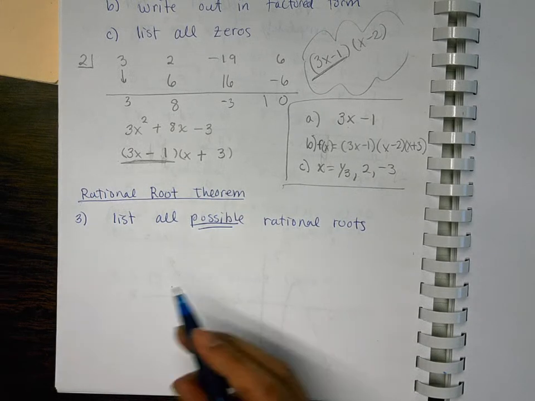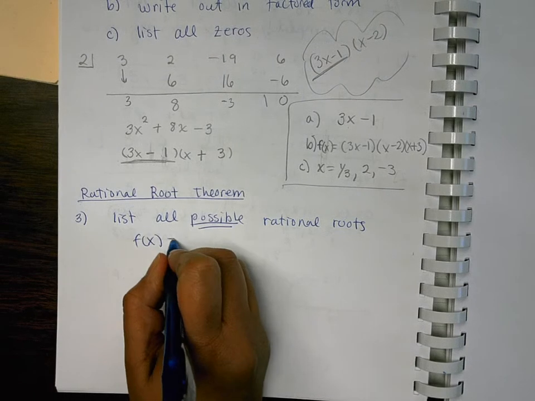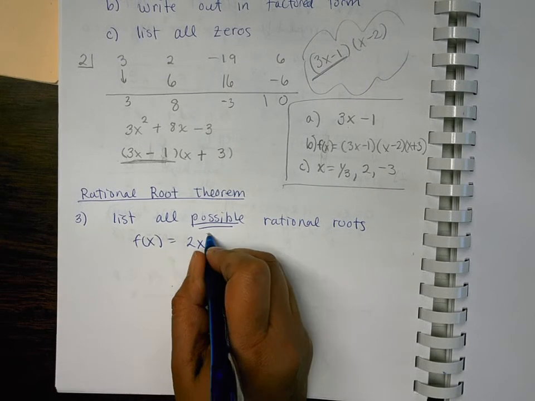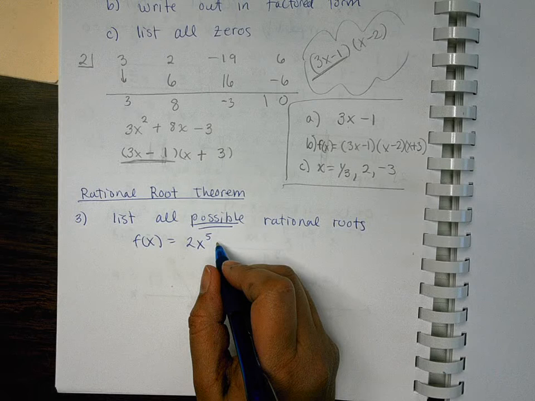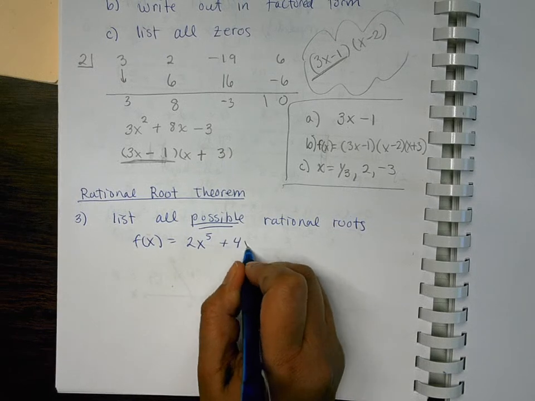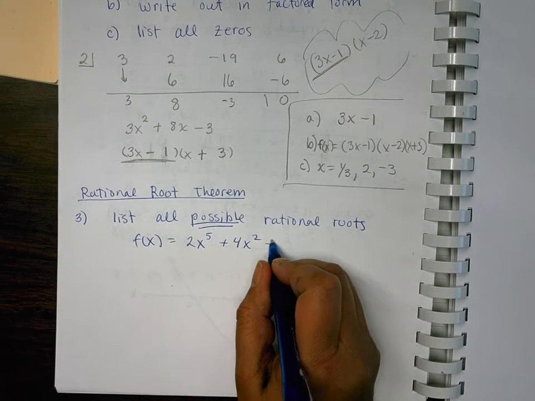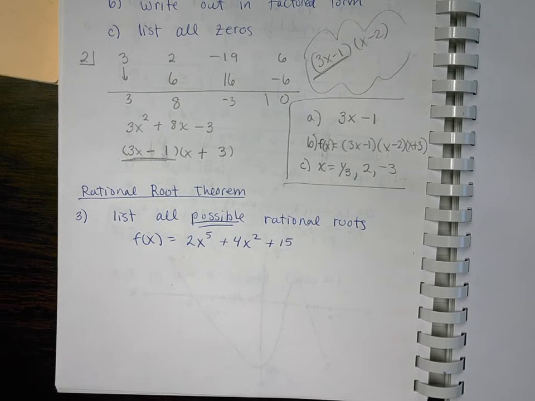All right, f of x equals 2x to the 5th plus 4x squared plus 15. 2x to the 5th plus 4x squared plus 15.